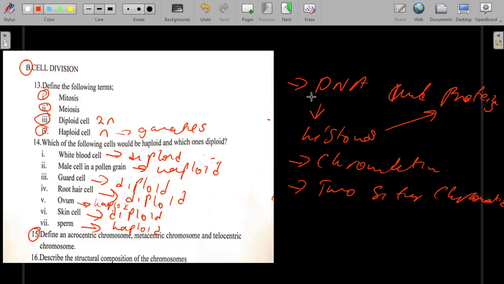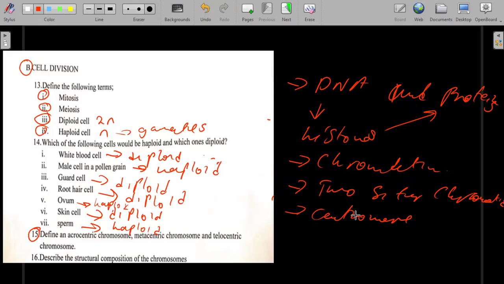So you have DNA, you have chromatin, then you have two sister chromatids. You're also going to find what we call a centromere. This centromere is the one which holds the sister chromatids together. Then at this centromere is where the spindle fibers are going to attach during cell division.